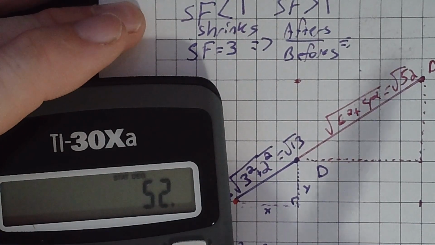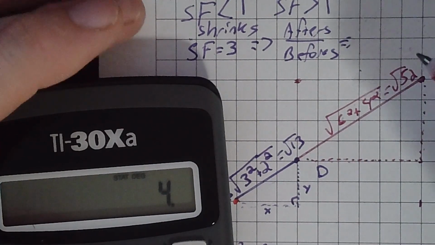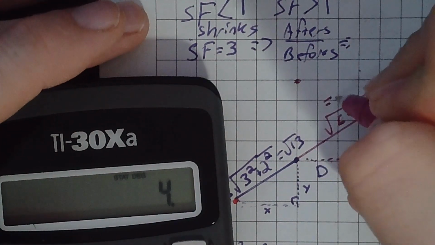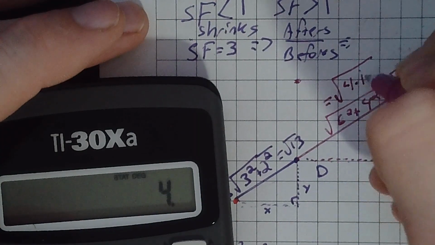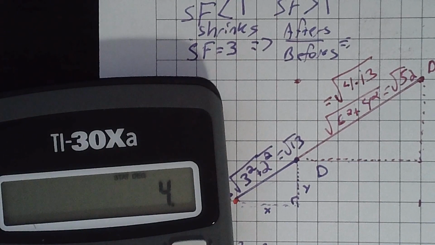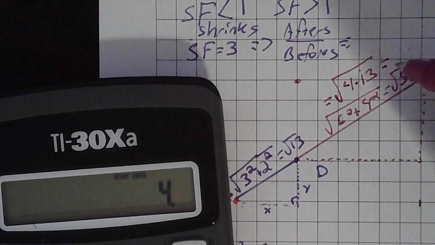Right, so I'm going to divide that by 13, and look at that. This is equal to the square root of 4 times 13. Now if I can take the square root out of that, it equals 2 times the square root of 13.